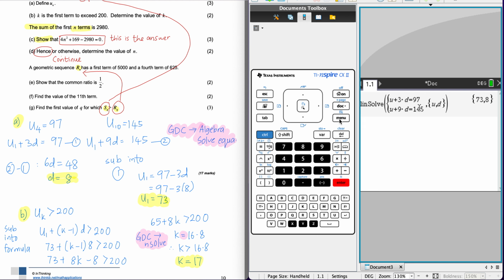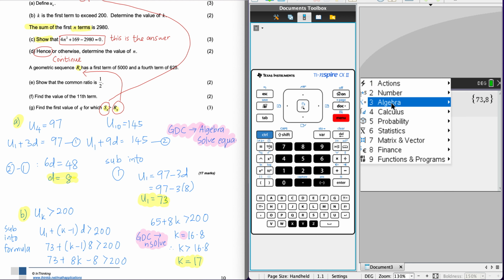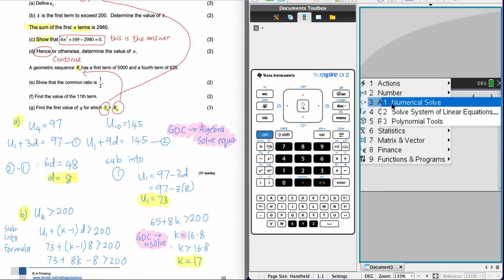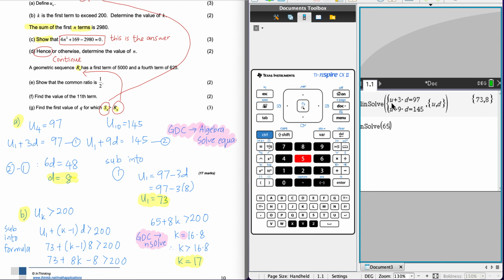So now I'm going to use the GDC, menu, algebra, numerical solve, to find the value of k. I put 65 plus 8k equal to 200, and don't forget to put comma, k, the variable, at the end. We get 16.8.